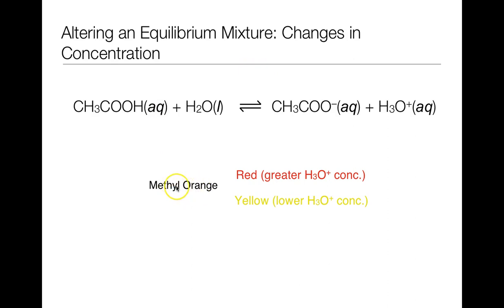But methyl orange is a particular molecule that as the acidity goes up, so more H3O+, more hydronium, it's going to turn red. As the hydronium goes down, it turns yellow. And so you actually can get a colorimetric, a color measurement, of how this is shifting between equilibriums. As it shifts more to the left, it turns yellow. As it shifts more to the right, it turns red.